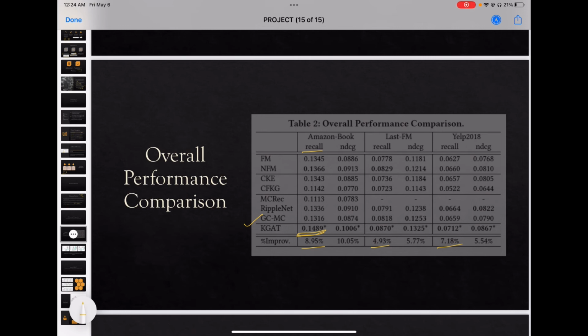Also, supervised learning methods like FM and NFM achieve better performance than CFKG and CKE in most cases. As we see here, lines 1 and 2 are better than lines 3 and 4 in most cases, indicating that regularization based methods might not make full use of item knowledge.